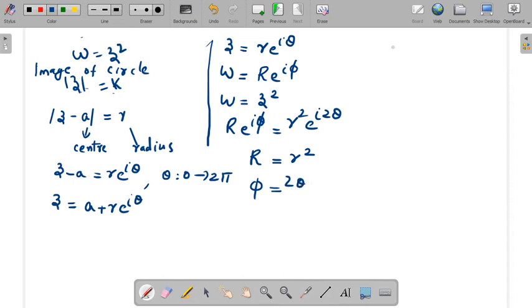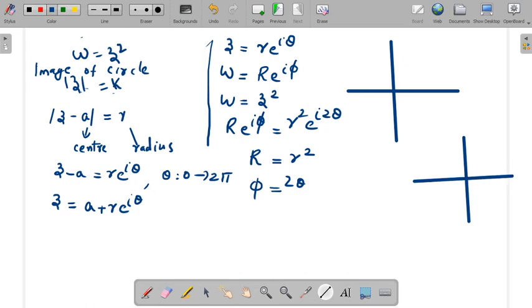So when you take this polar expression, a point r e raised to i theta in z plane is mapped to a point r square e raised to i 2 theta in w plane. So what we have taken is this distance is r and this distance is r square.